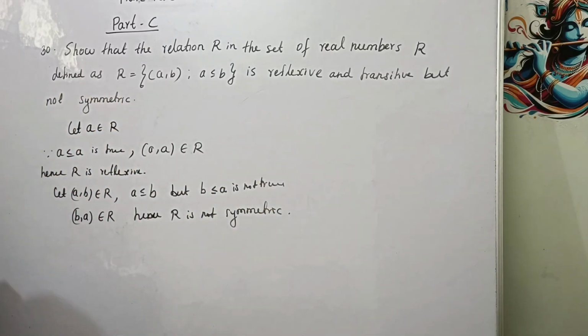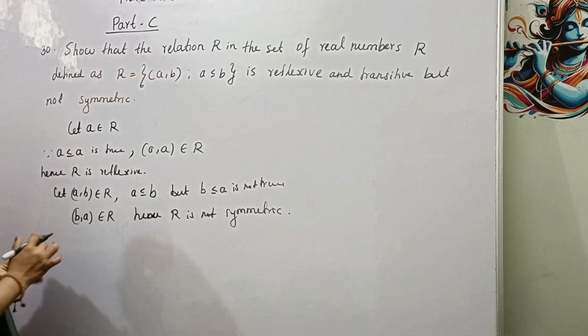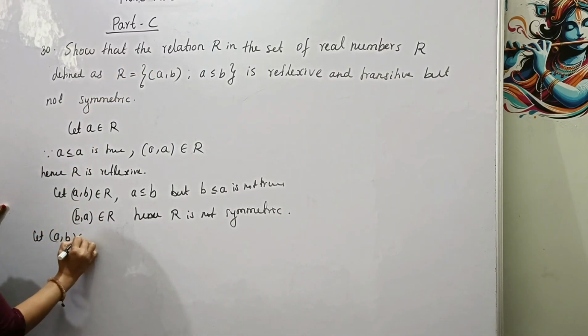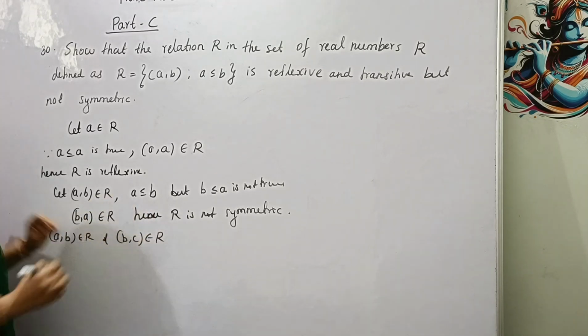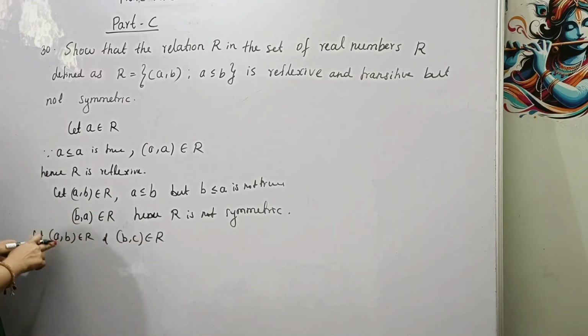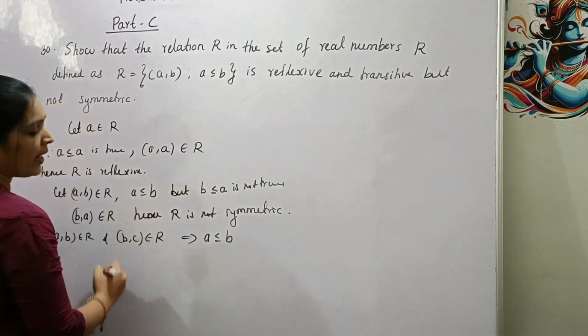Next, for transitivity, let's take two elements from the relation. Let (a, b) belong to R and (b, c) belong to R. What we have to prove? (a, c) belongs to R for transitivity. Now, since (a, b) belongs to R, a is less than or equal to b.